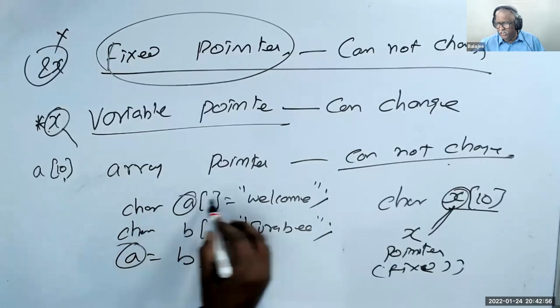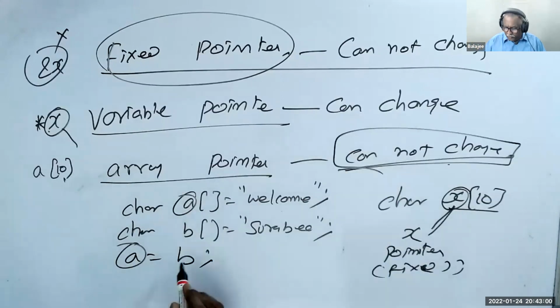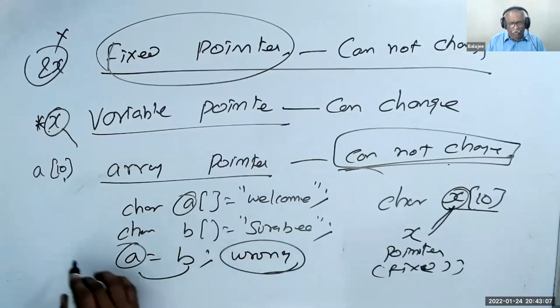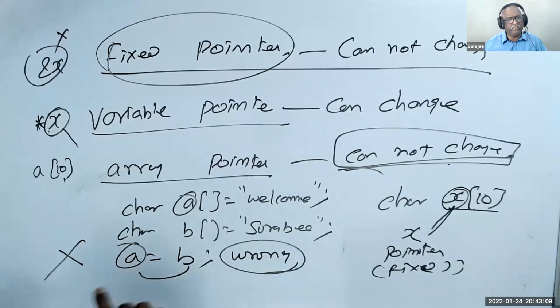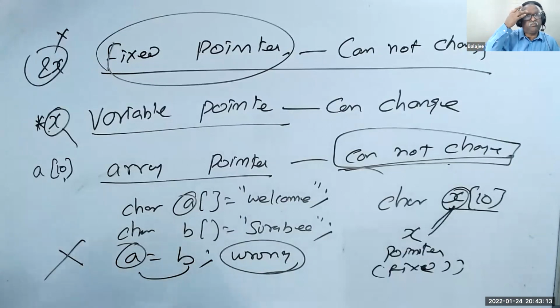A is a fixed pointer, an array pointer which is fixed and cannot change. If you are trying to change it, it's illegal. This is wrong. That's why you got an error. You cannot change what cannot be changed, and you are trying to change it.